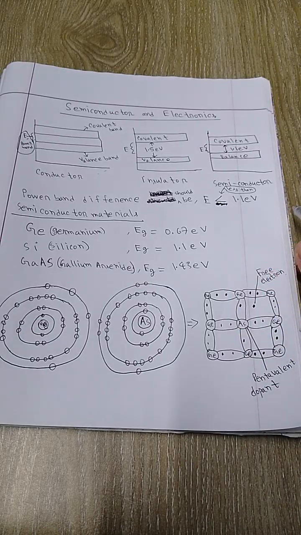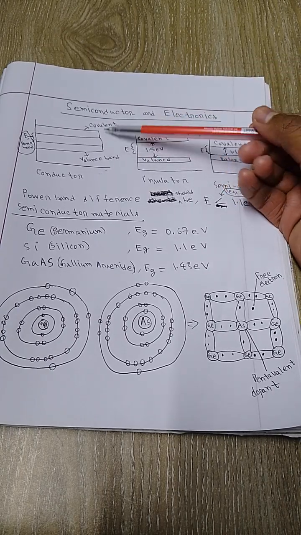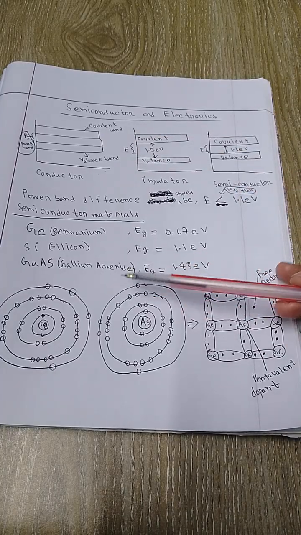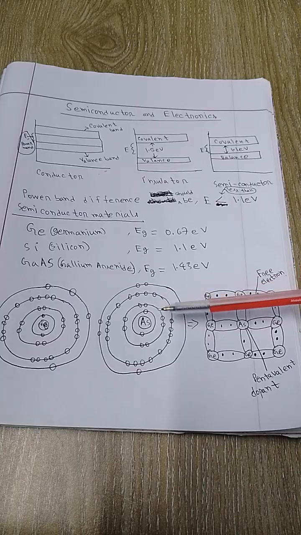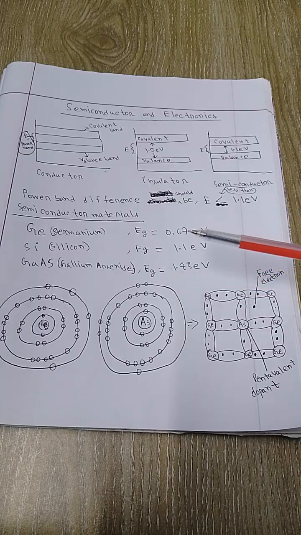Then we will come to what these drawings mean by the conduction band and the valence band. If you look at germanium and arsenic atomic numbers, arsenic has 5 electrons in the last orbit and germanium has 4 electrons in the last orbit.